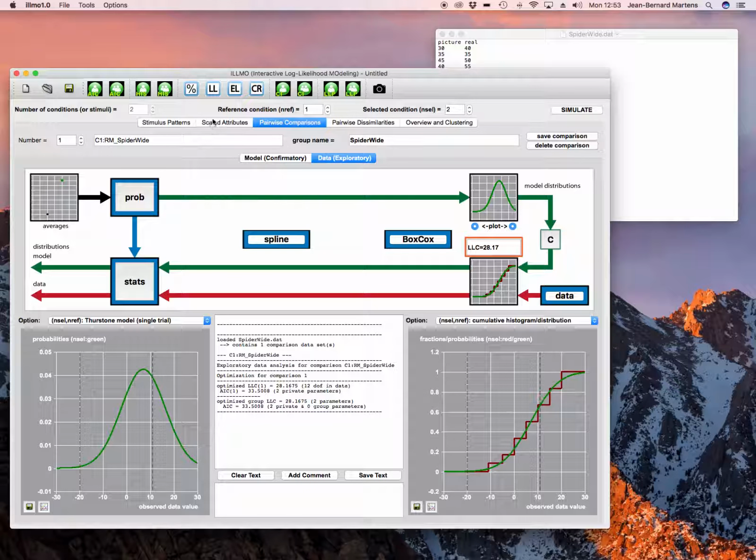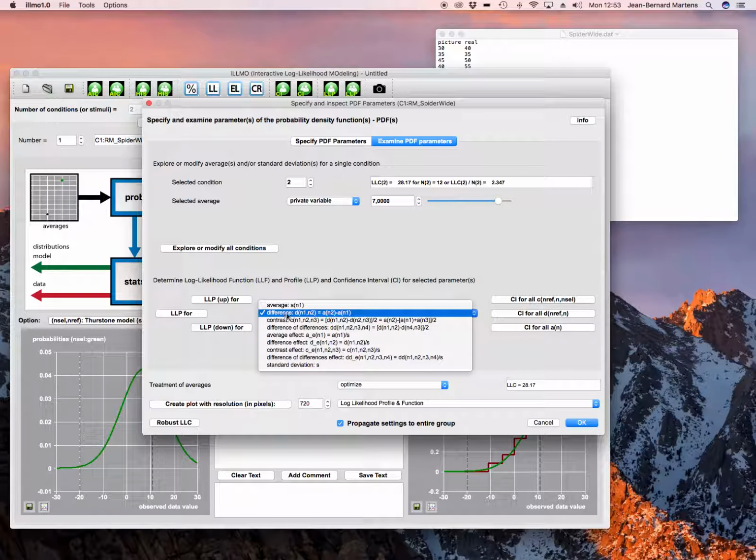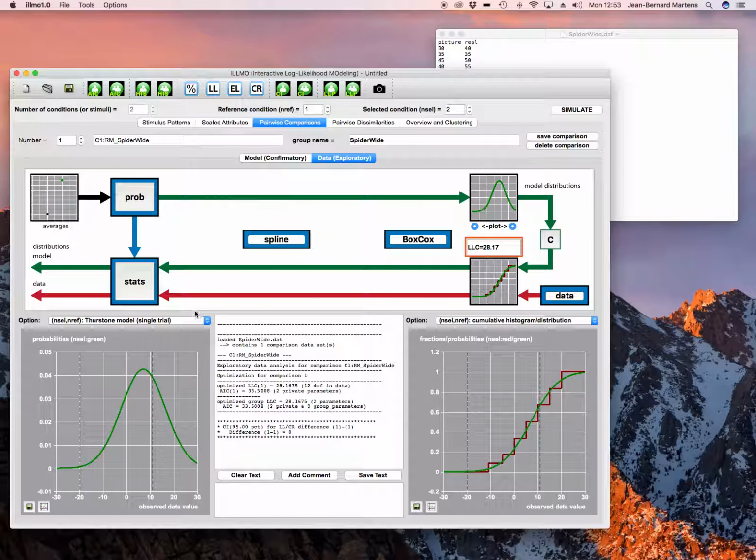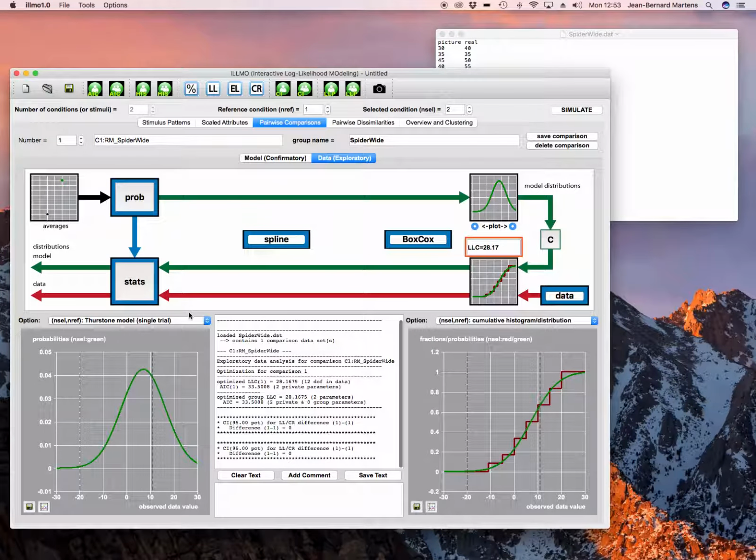Also note that where up to now we've been looking at scaled attributes, we are now in a different part of the interface of ILLMO where we're analyzing pairwise comparisons. In this case, if we wanted to know whether this average difference is significantly different from 0, we would look at the average itself and take the likelihood profile from it.